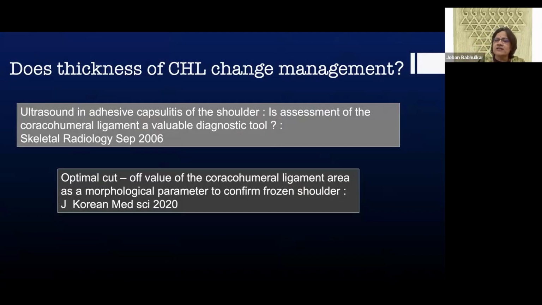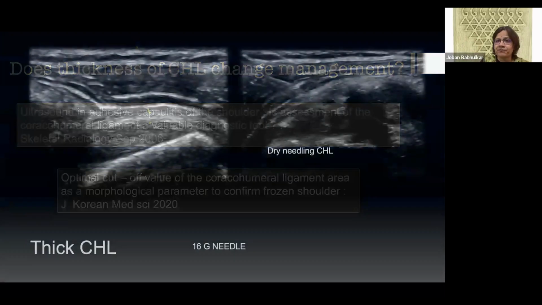My take on this is, do not change your decision of doing this HVI just because you don't see a thick CHL. If the patient's external rotation is 0 or -10 or +10, then irrespective of the thickness of the CHL, this patient deserves the high volume injection.